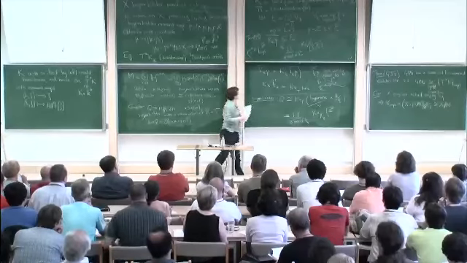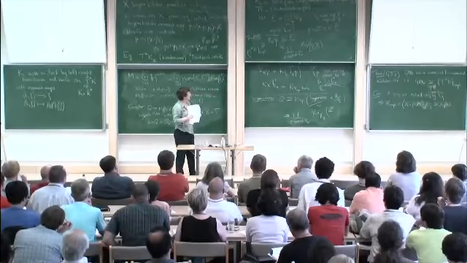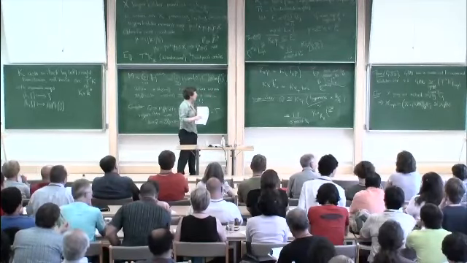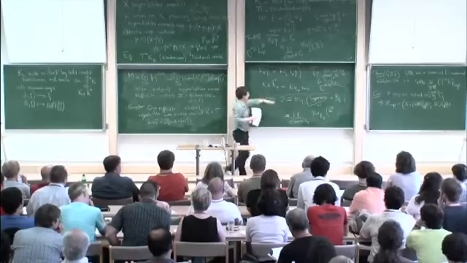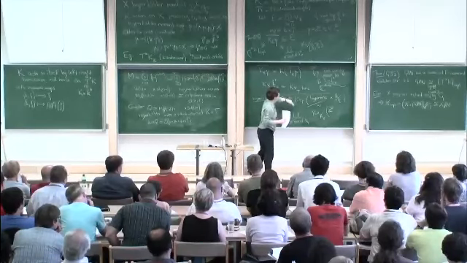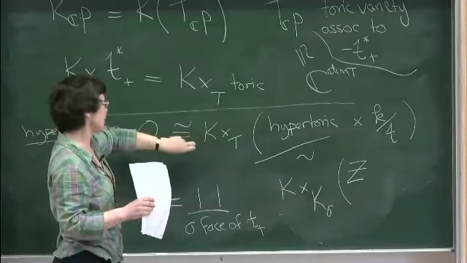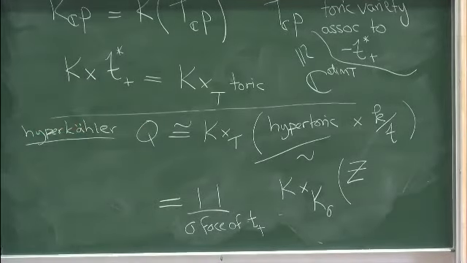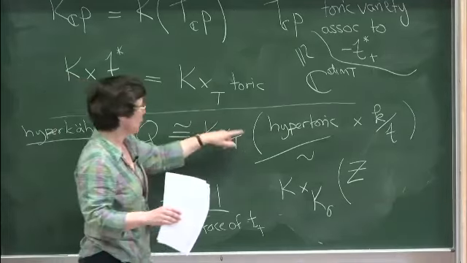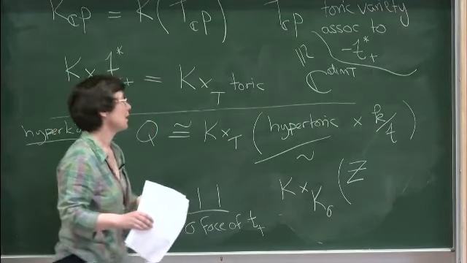In the Hyperkahler situation, we don't have a complexification of the non-abelian group. We don't have a quaternionification of the group K, but we do have something that we can think of as the quaternionification of the torus.